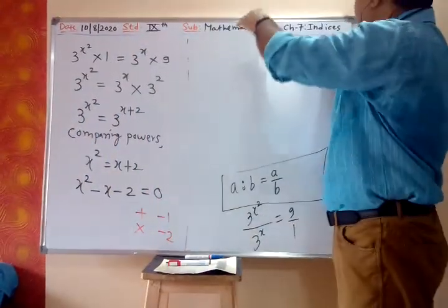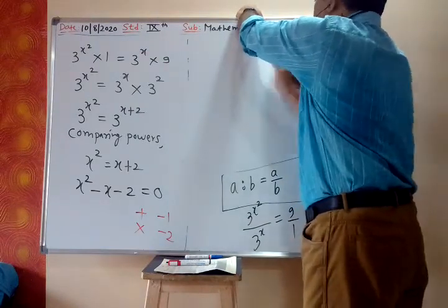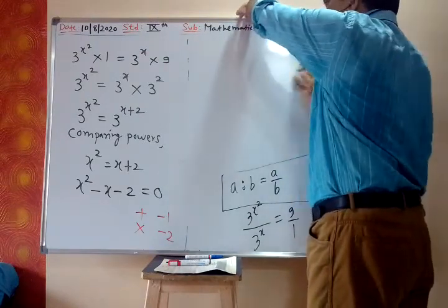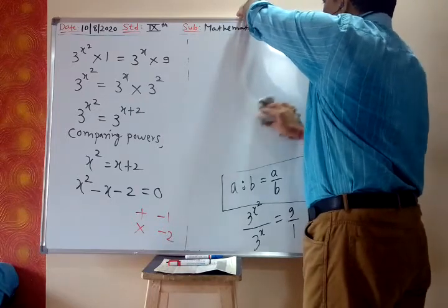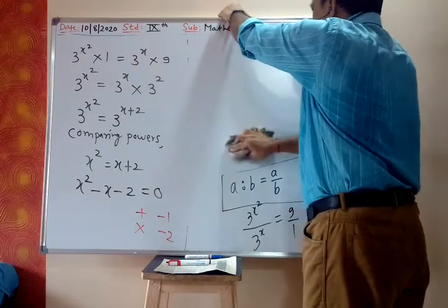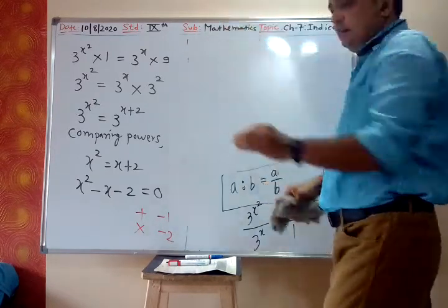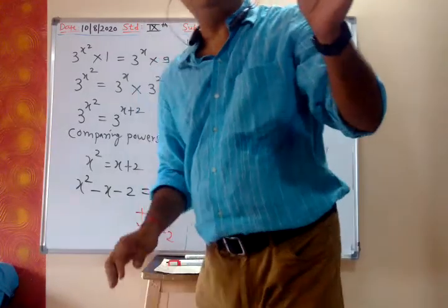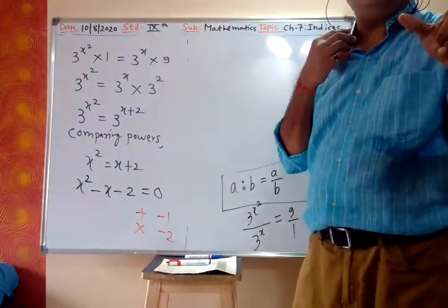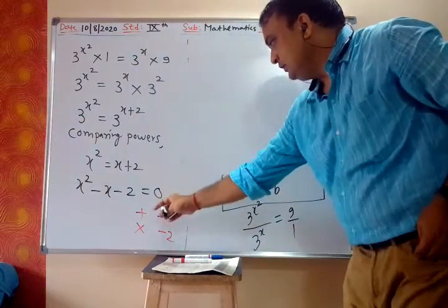See, x square minus x is equal to 2. Again, you have to complete that quadratic. Remember, x square is not the same as 2x. So this is the quadratic.